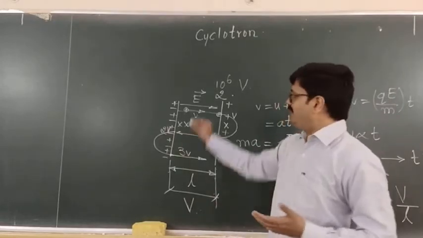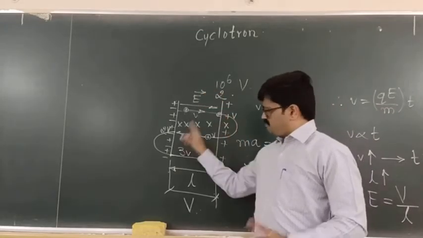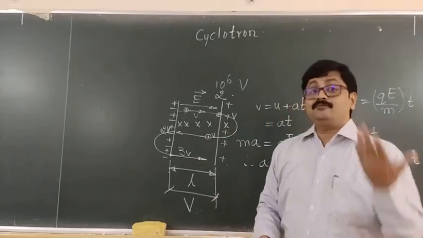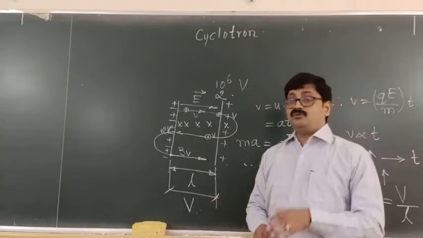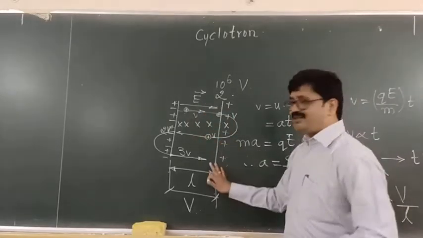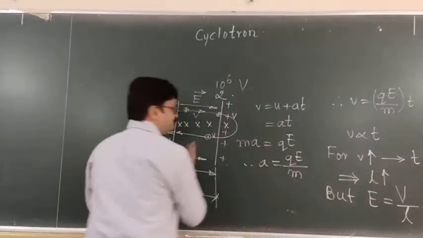Okay, so the electric field is maintained smoothly and the charged particle will gain its own velocity. So this is how a cyclotron works, my dear friends. But the setup is not like this. I have just tried to explain the principle to you.